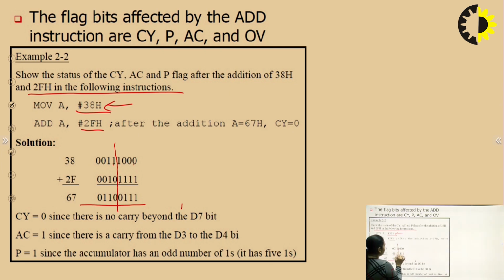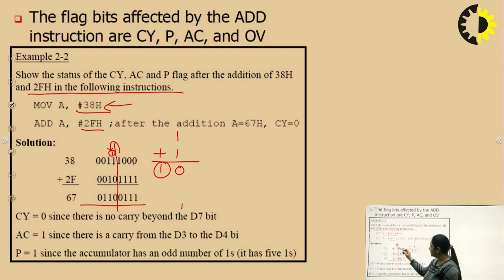So if we add 1 and 1, it will be 0 carry 1. And this carry is the auxiliary carry. So 1 and 1 is 0 with a carry. There is a carry, so this carry is the auxiliary carry. That means we will be having the auxiliary carry flag active.